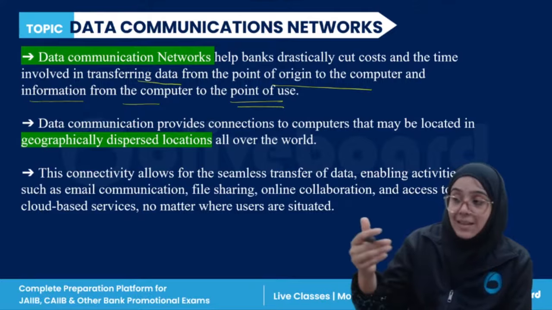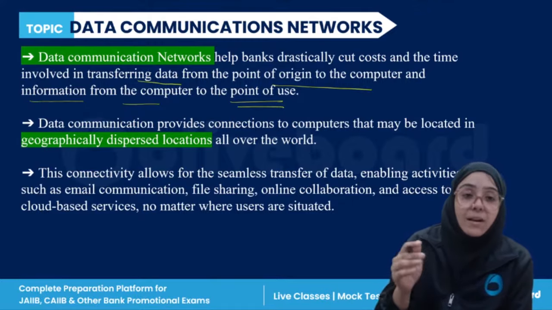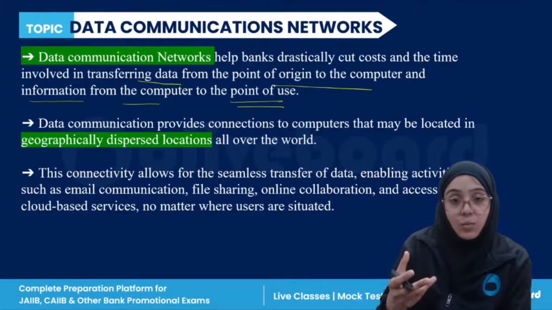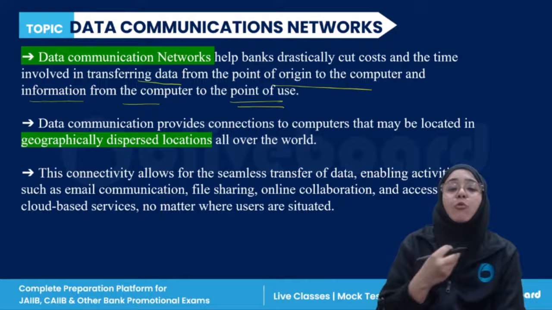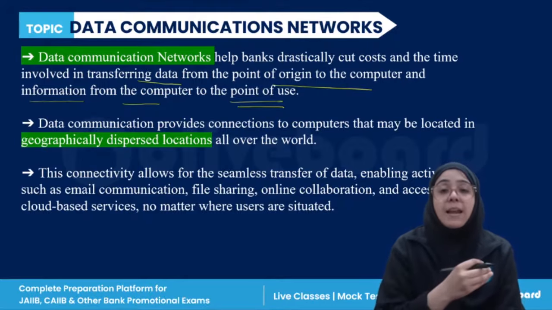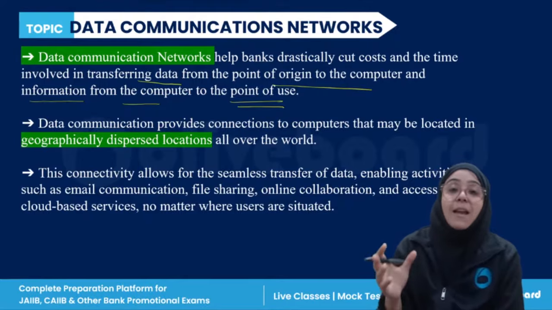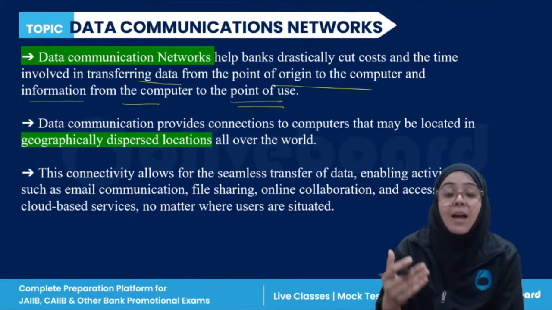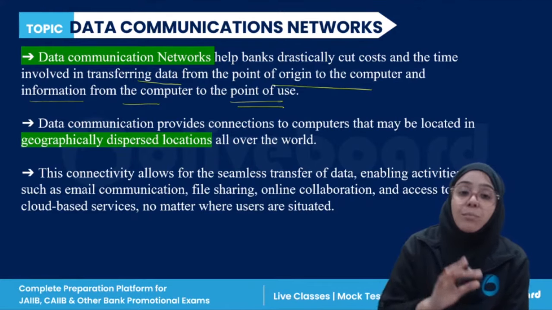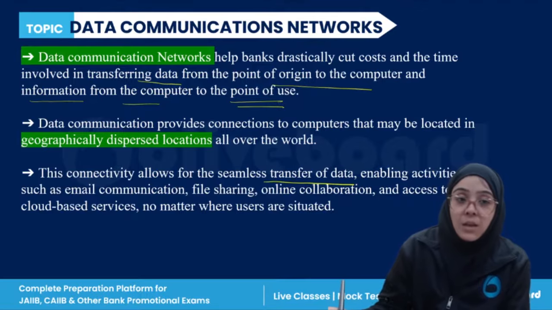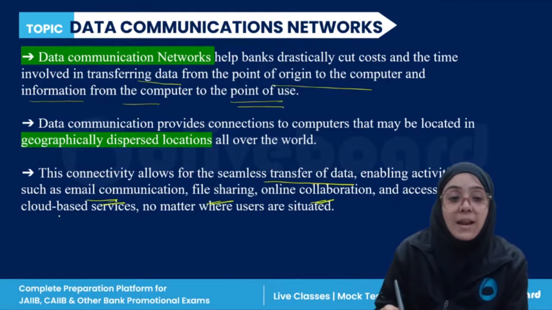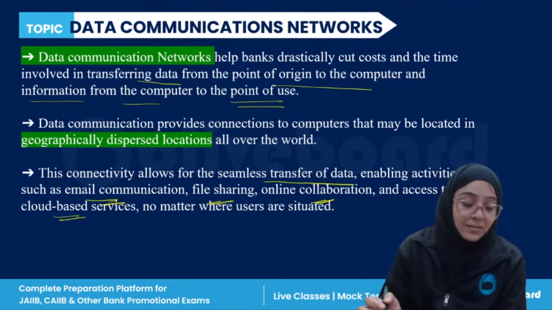Earlier it was an expensive thing, but because of the data communication network, now you can connect easily and transfer data very easily and at a very minimum cost, even if your computers are located in a geographically dispersed area, right? This connectivity allows the seamless transfer of data. It helps in email communication, file sharing, online collaboration, and access to cloud-based services, right?